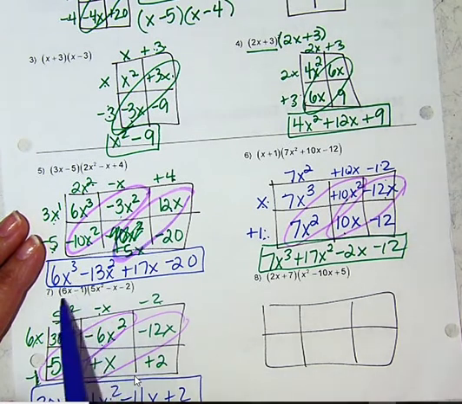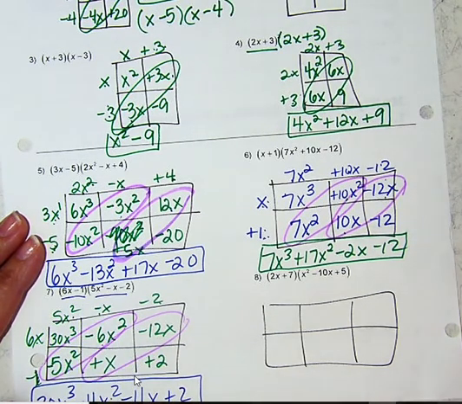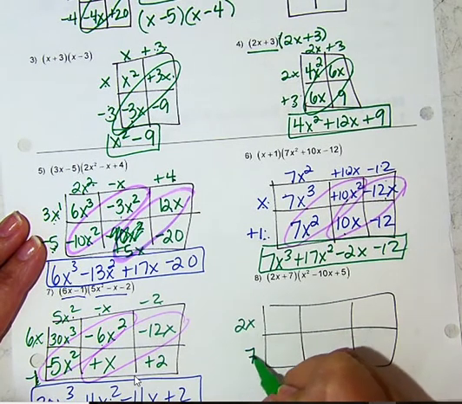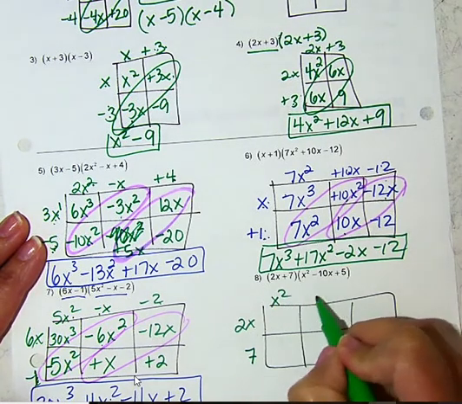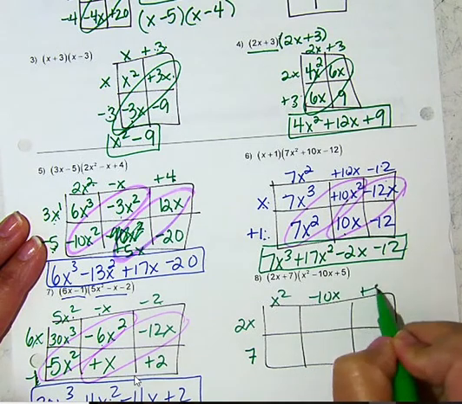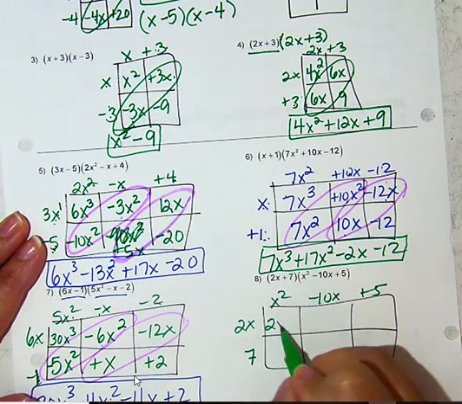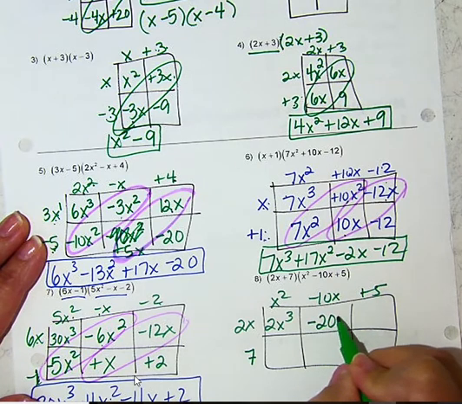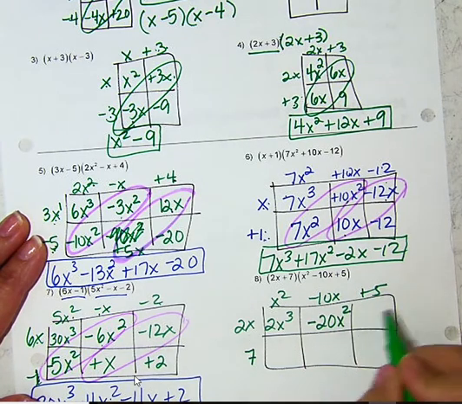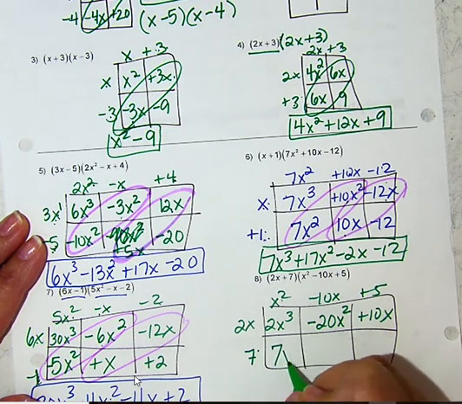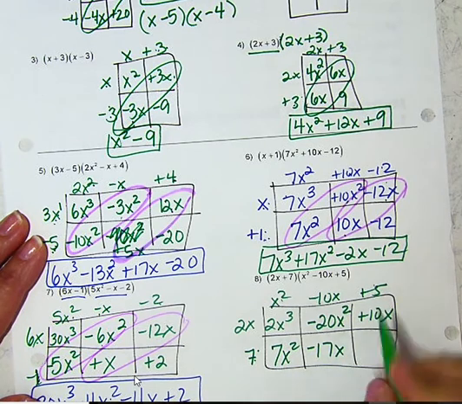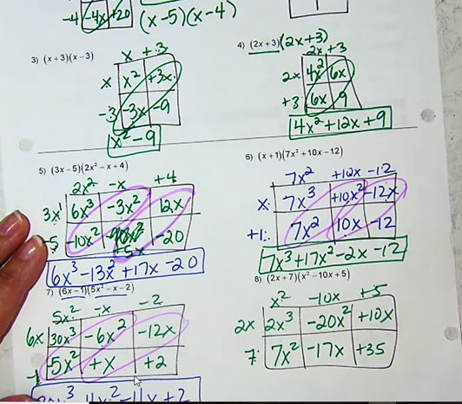This one you're multiplying a binomial and a trinomial. 2x plus 7, and then x squared minus 10x plus 5. 2x cubed, negative 20x squared, positive 10x. 7x squared, negative 70x, positive 35.